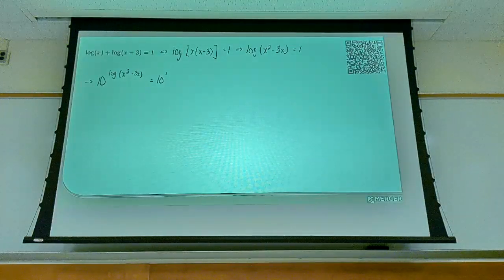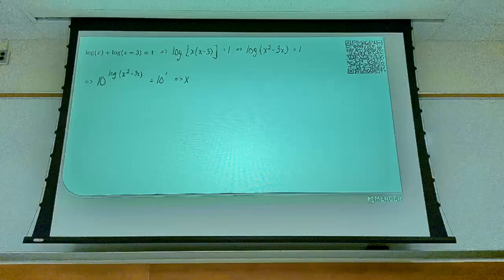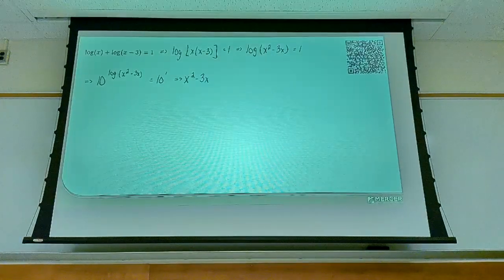Take both sides as exponential base 10. This gives us x squared minus 3x is equal to 10.